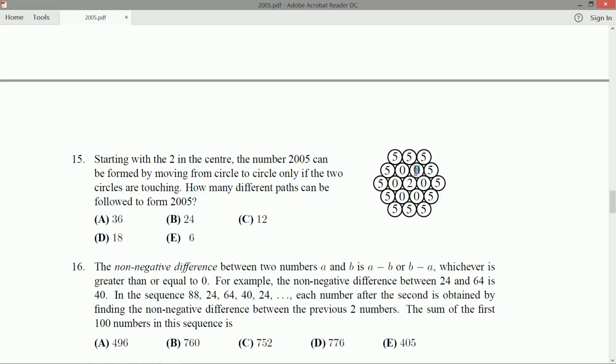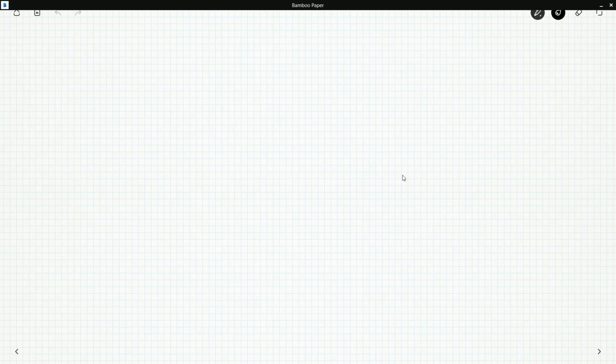Now with 2000, we're going to have to hit 2 zeros at the same time. So I'm going to draw several copies of this picture. So we have our 2, and then basically every circle, all the zeros are touching 2 other zeros, that sort of thing.